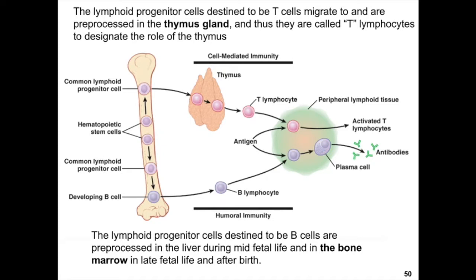So the T actually stands for thymus-dependent lymphocytes. If we remove the thymus, we would not have T lymphocytes. Okay. This picture already tells a lot, but you can come back to it to review.